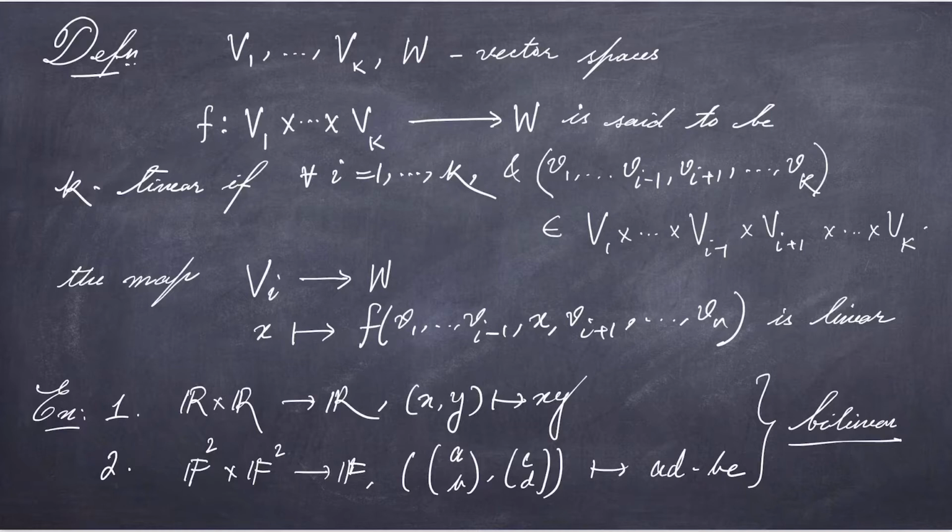It's easy to see that if you freeze either component of this ordered pair, then the map (A, B) goes to AD minus BC is a linear map from F2 to F. So this is the determinant map for a 2 by 2 matrix.